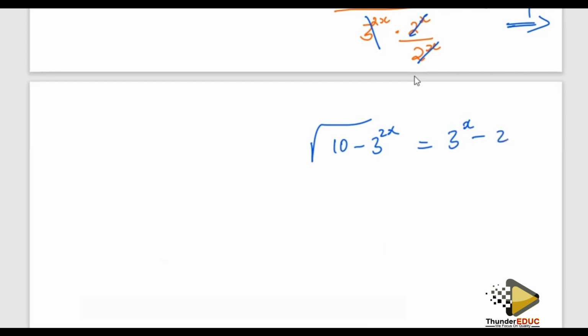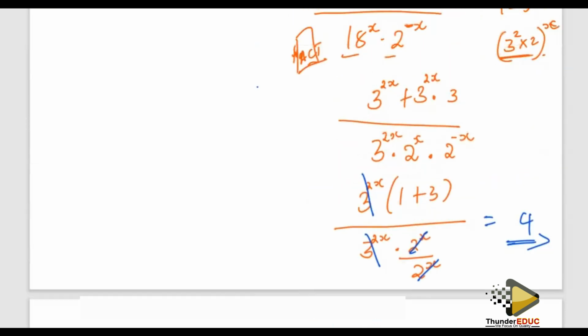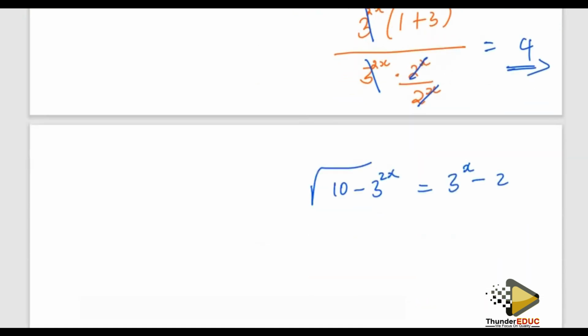Okay, so what we do here, remember for the previous questions that were involving exponents, we just had the same exponent. 2 to the x and 2 to the x, and they will cancel out automatically. In this scenario, it's a bit different because now we see this is a 3 to the 2x. This is just a plain x.